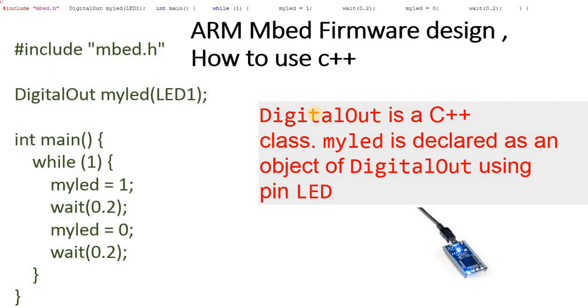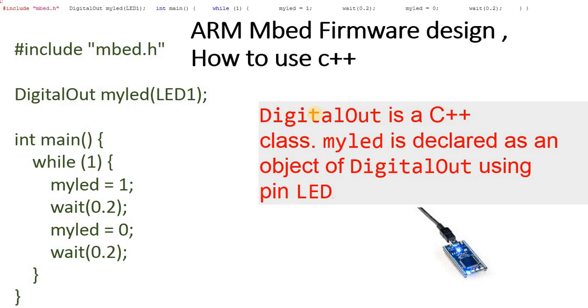You can use a compiler called the Mbed firmware compiler, which is free, in which you can create an LED glowing on and off through a small microcontroller board. Now this also uses C++. Without knowing C++, you cannot do it.